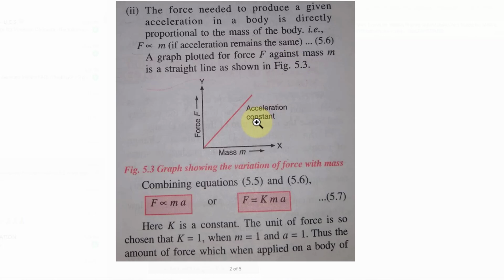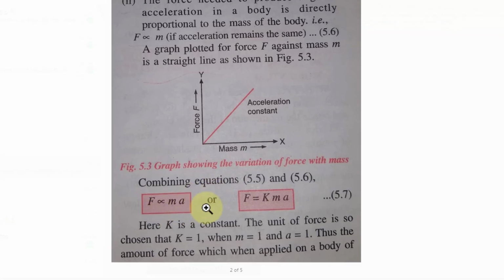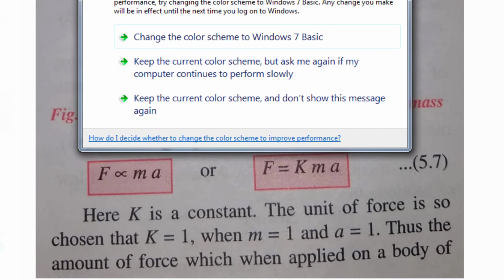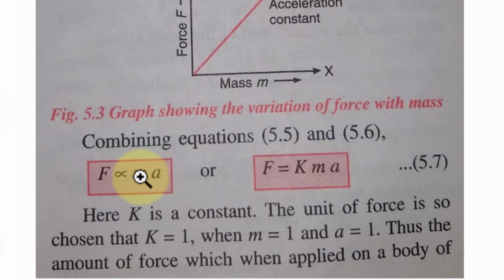Acceleration is constant. So when we combine these two results, the first result is F directly depends upon A, and the second is F directly depends on M. When we combine both, we get F directly depends on mass and acceleration both. Now here, when we remove the proportionality sign, we have to give some constant.